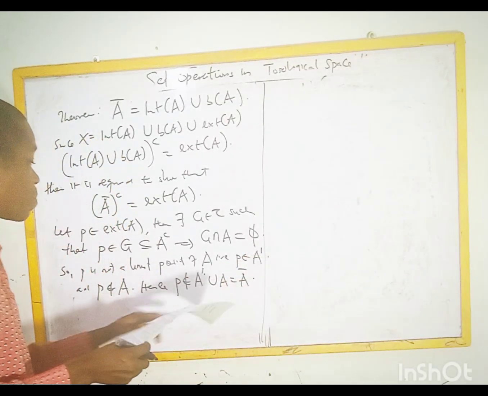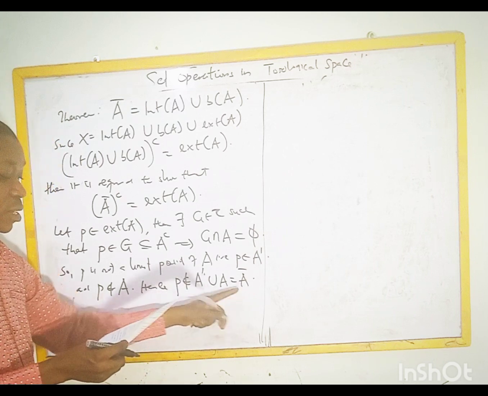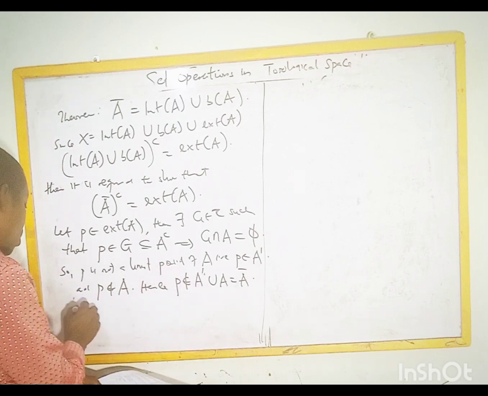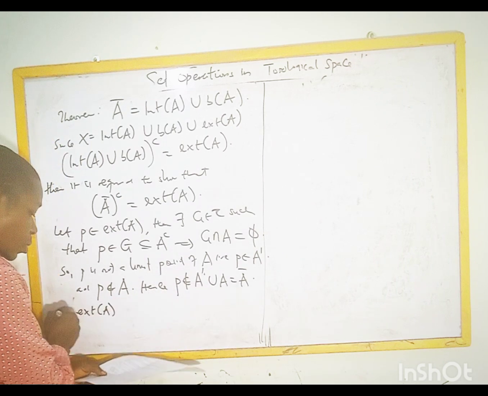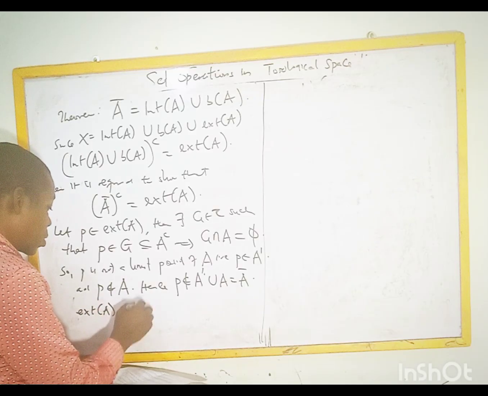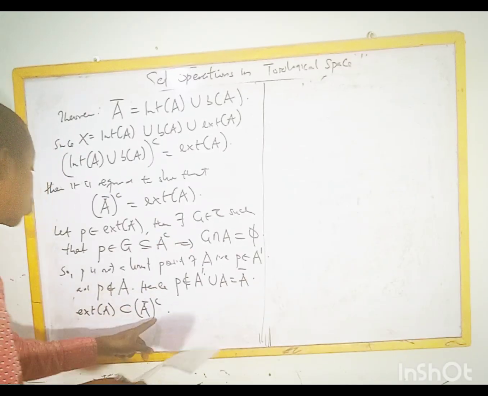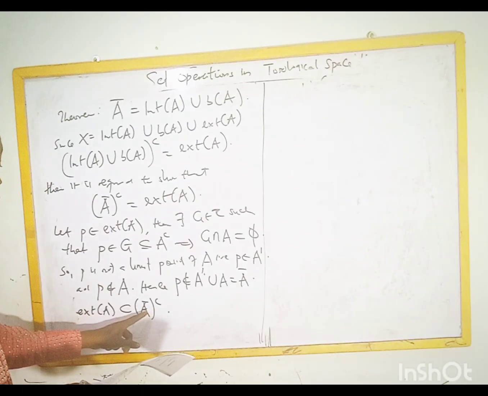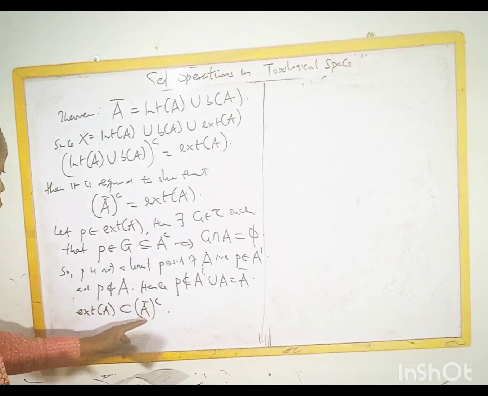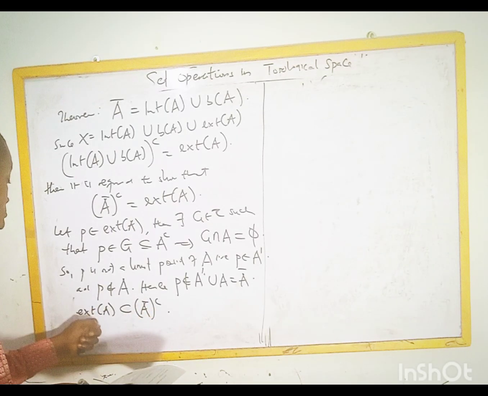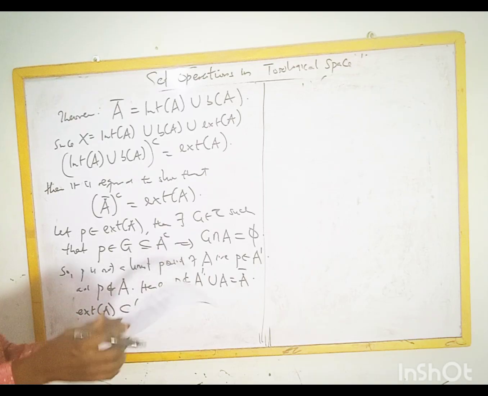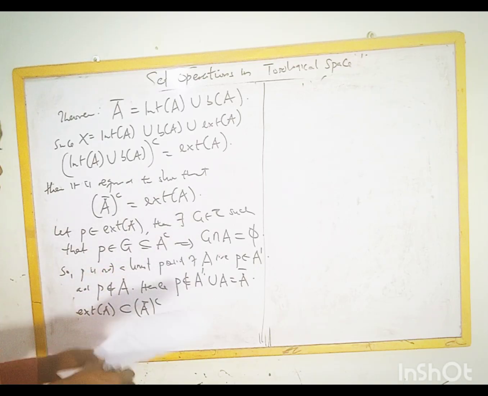So P does not belong to the closure of that set. In other words, the exterior of A is a subset of the complement of the closure. The next step is to show that the complement of the closure of the set A is also contained in the exterior of A. So we can equate the two together to obtain the required result.